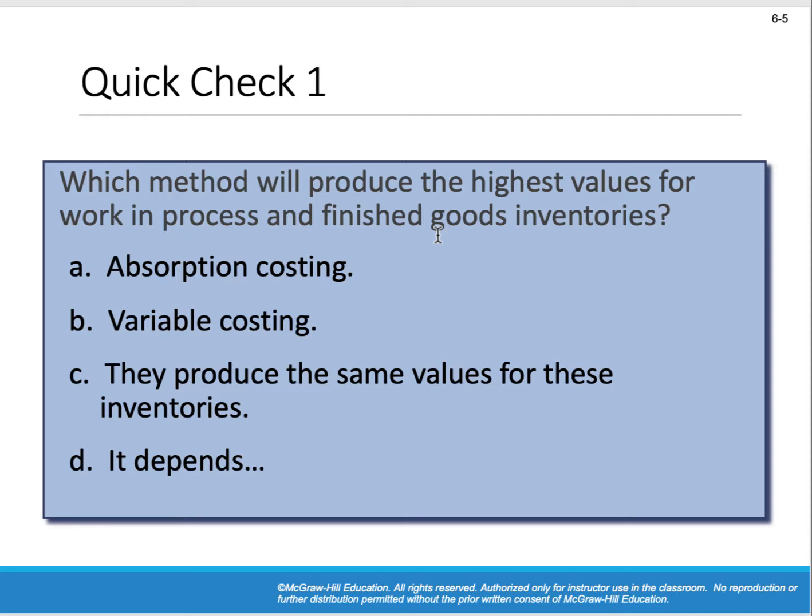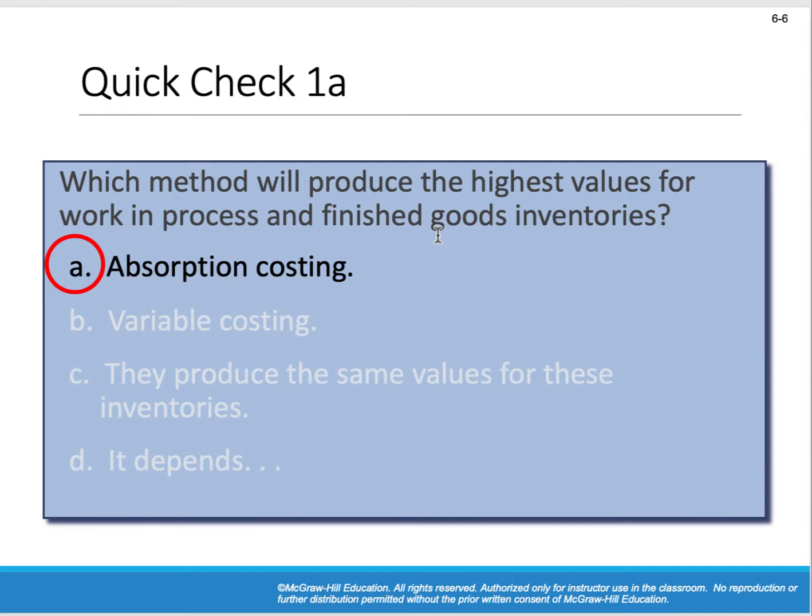Okay? So the answer, which method will produce the highest value for our work in process and our finished goods inventory, it's going to be absorption costing. The reason why is how we handle our fixed manufacturing overhead. Under absorption costing, fixed manufacturing overhead becomes part of the product cost that goes into the inventory account WIP and the inventory account finished goods.